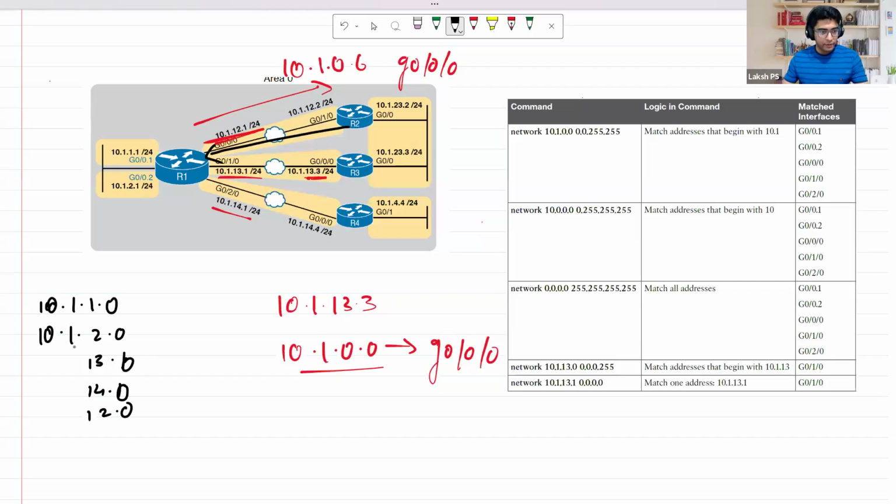So it received the data for the 13 network. To reach any IP address in this 13 network, it needs to send the data out of this interface. So it will forward the data out of that interface and it will reach us. That is how the data flow will happen. Clear?